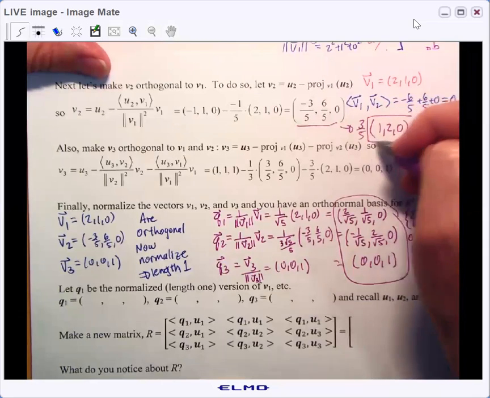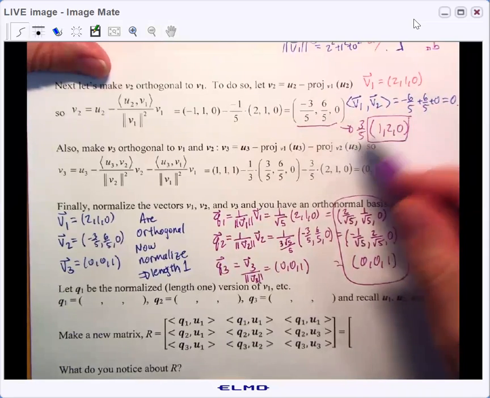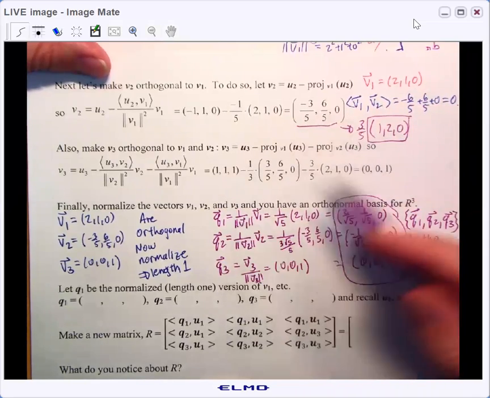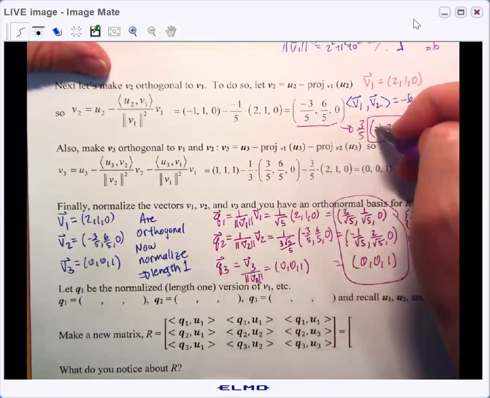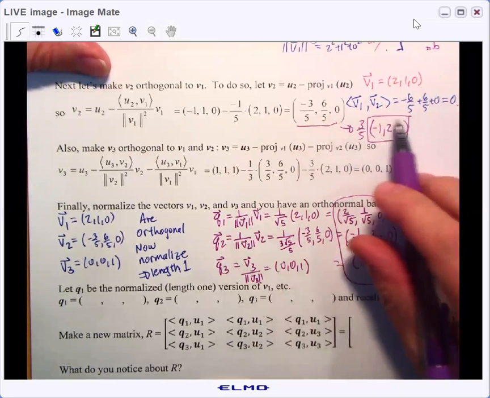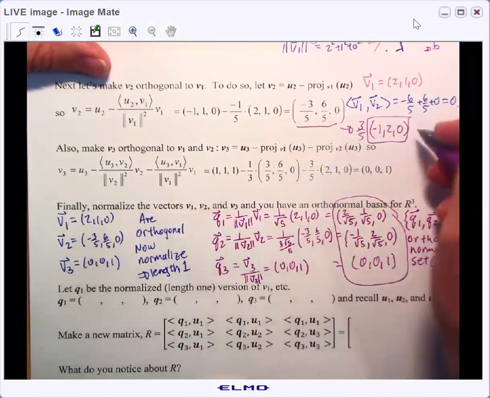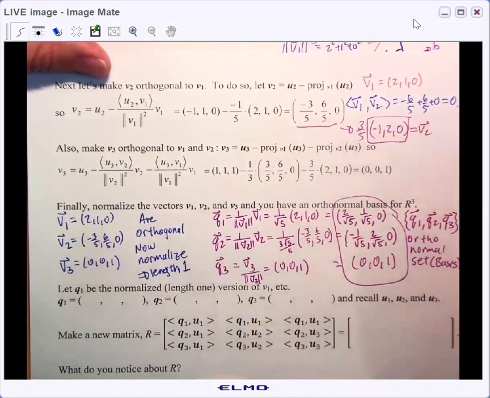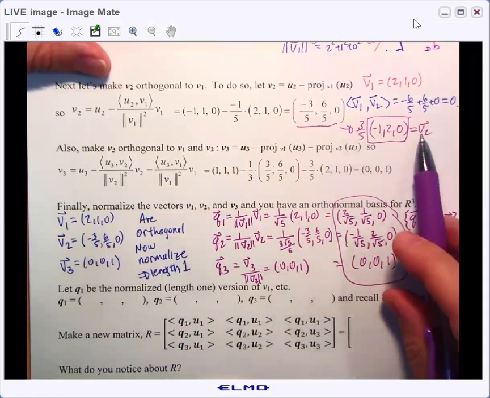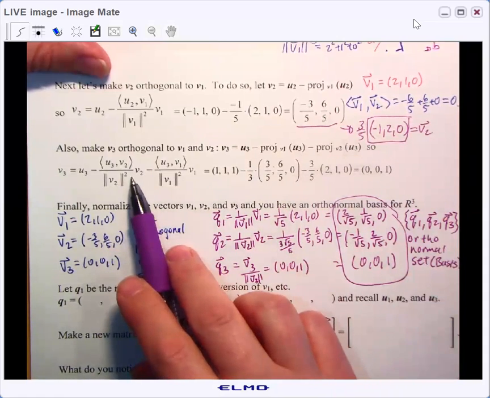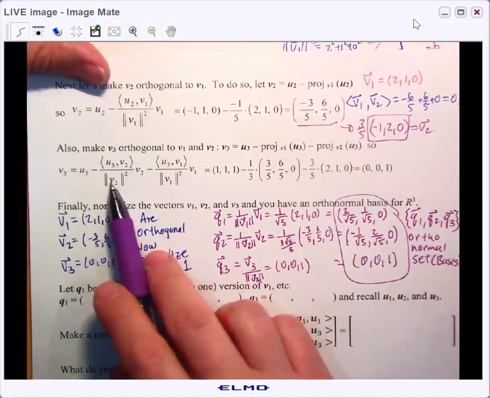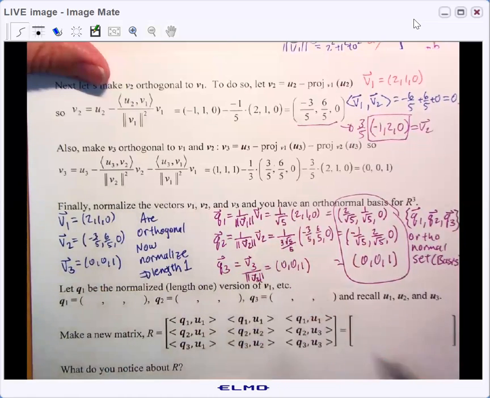And since we're going to just do a scalar multiple of it later, I could have just used, whoops, that should have been a negative 1, 2, 0. I could have just used this down in the next step as my V2 vector, because I'm going to make it be length 1 later on anyway. And then that will save me some fractions. So you can do it that way.